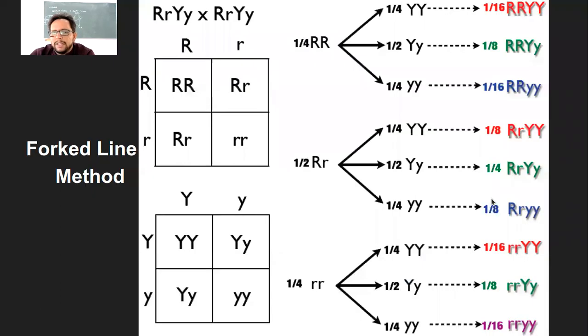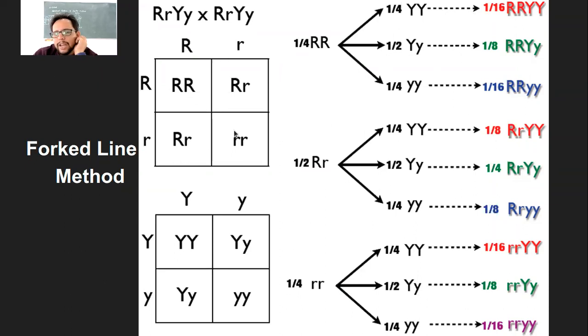Okay, now there is something called the fork line method to perform a dihybrid cross. It is called a fork, which is like a triangle, and then these are lines, so the fork line method. This is again very simple.